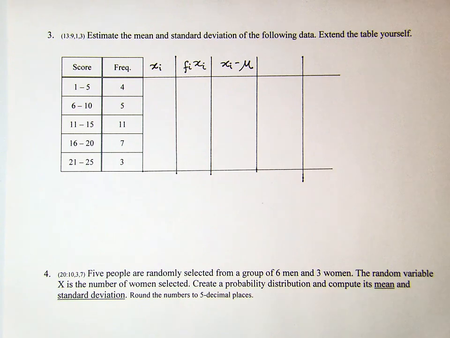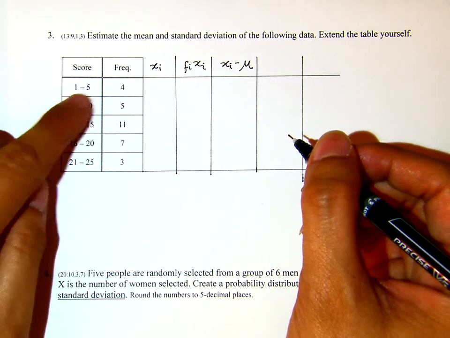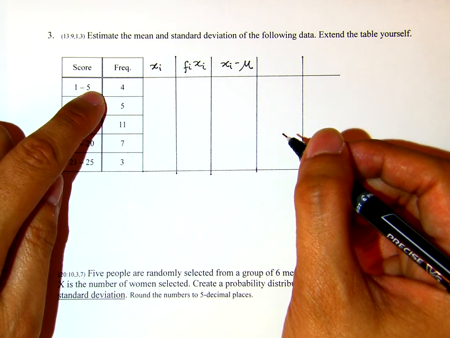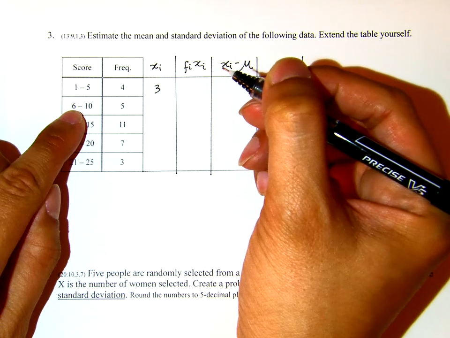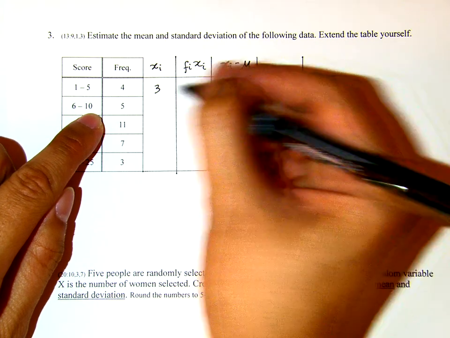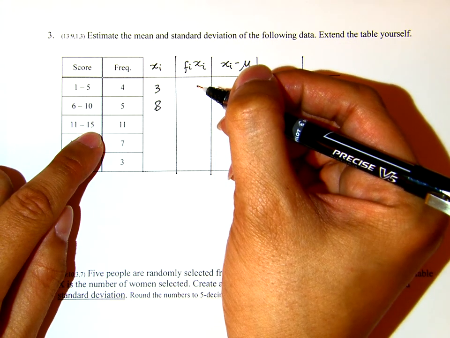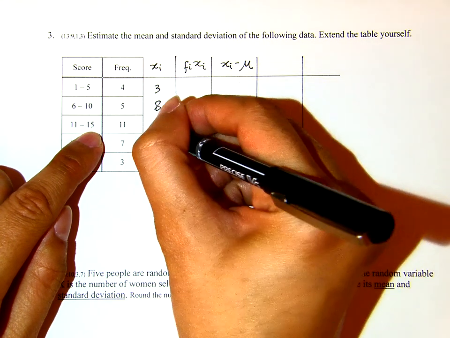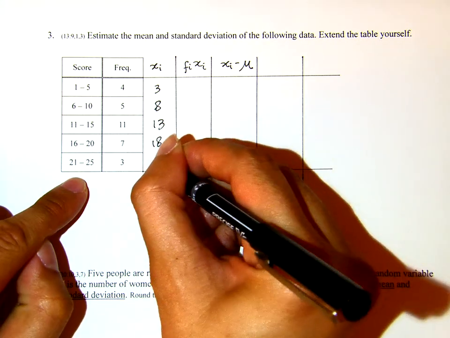Let's see. The midpoint of 1 and 5, you add the endpoints. 1 plus 5 is 6, divided by 2, that's 3. Then 6 plus 10 is 16, divided by 2, that's 8. 11 plus 15 is 26, divided by 2 is 13, and so on and so forth. You will see this is 18 and this is 23.